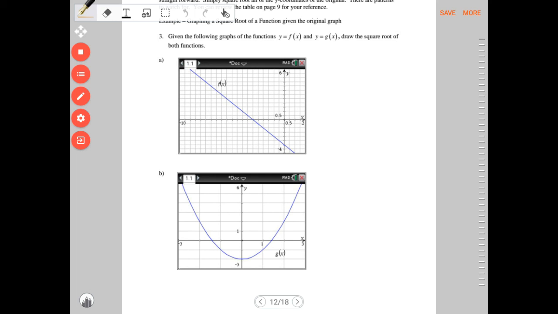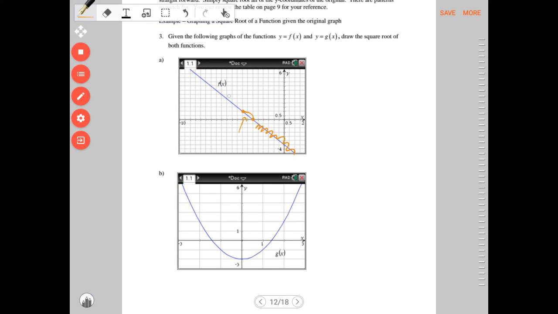So what we're going to do is we're going to square root the y coordinates. So the orange graph will not exist way down here because when you square root the y coordinates there, square roots of negatives doesn't work. Square root of 0 is 0, so that graph starts here. Now 1 is here. So the square root of these guys is bigger, so the graph kind of does that.